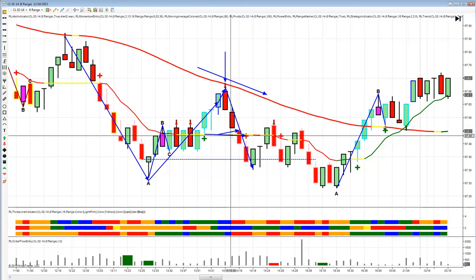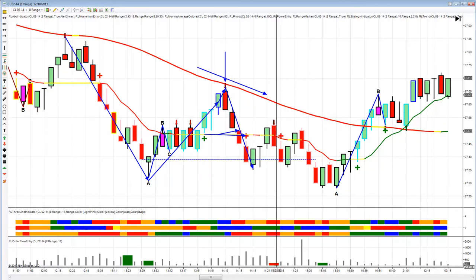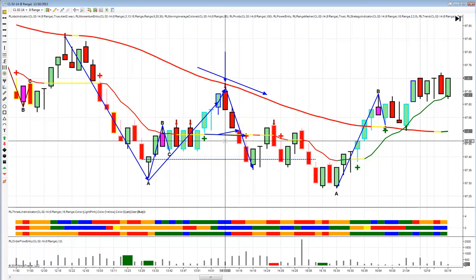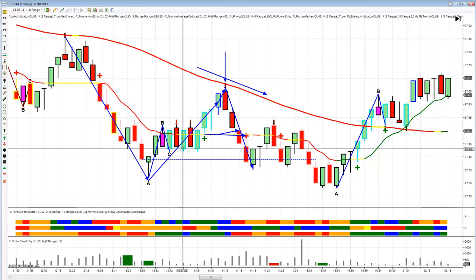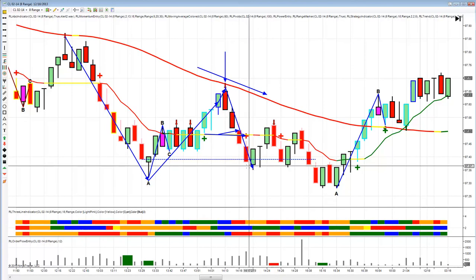The further away the 15 is from your entry, the better as well. That is our version of a reversal trade, even though it really is not. It's just a deep retracement and then a movement back into the trend.